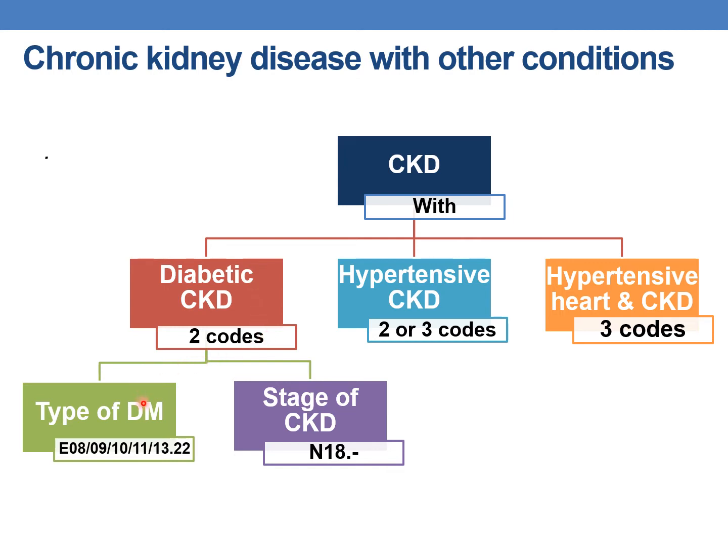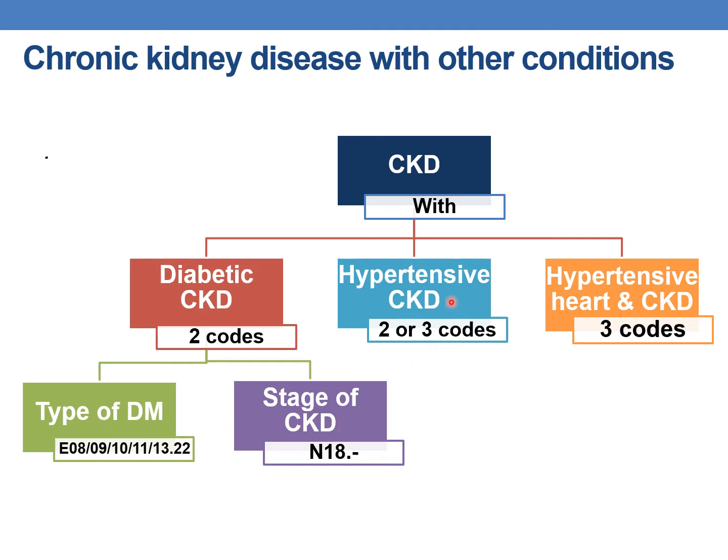First code to indicate the type of diabetes, which comes under the series E08, E09, E10, E11 or E13 with .22. For example, if it is type 2 diabetes with CKD, then you have to code E11.22. If type 1, E10.22, like that. Then followed by the stage of CKD. So diabetic CKD usually requires two codes, the type of diabetes and the stage of CKD.